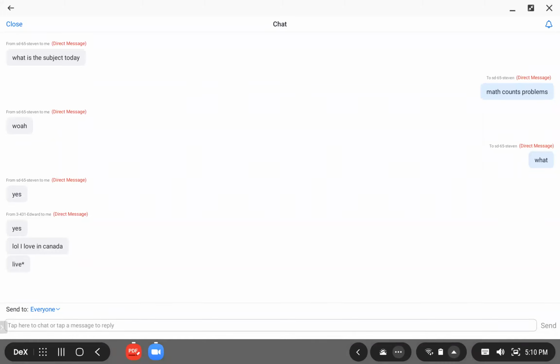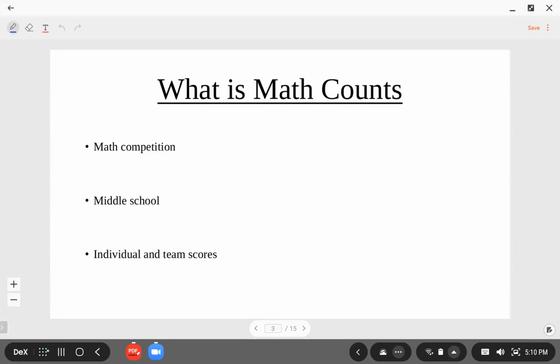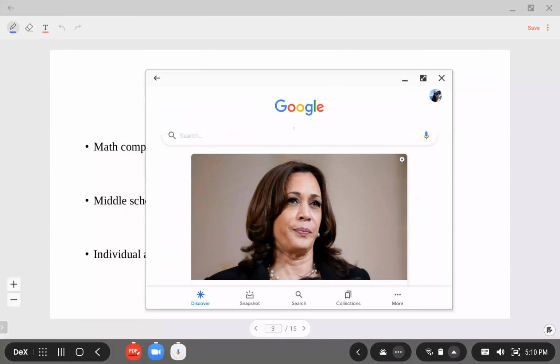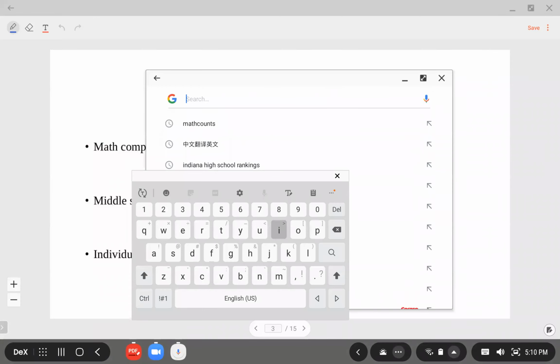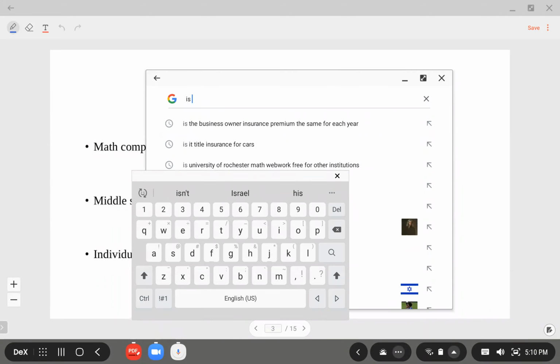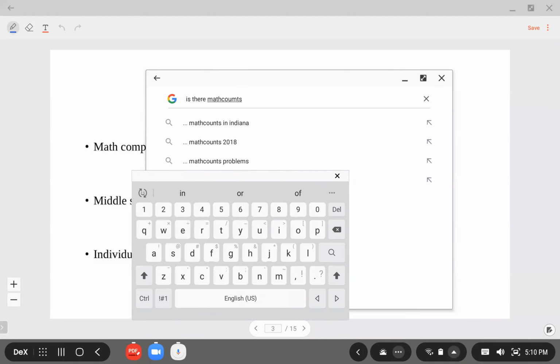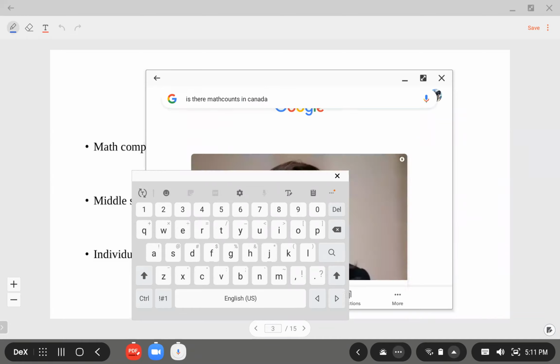Oh, you live in Canada. Okay. No Math Counts for you. Well, hold on a second. Is there Math Counts in Canada? I'm pretty sure it's only the United States.